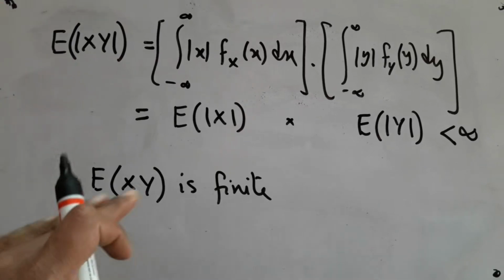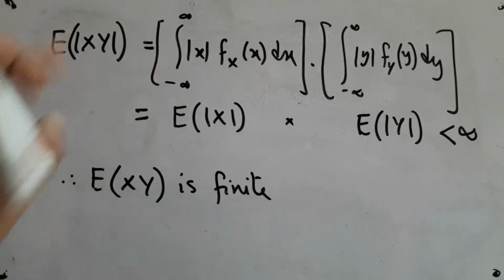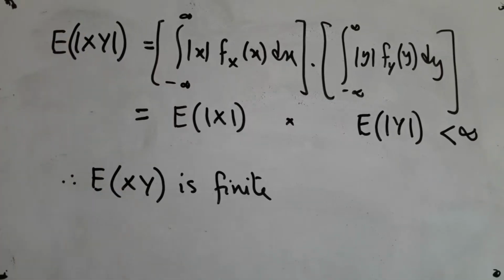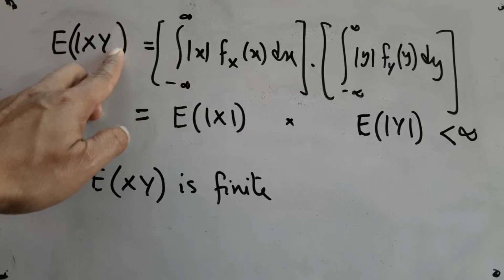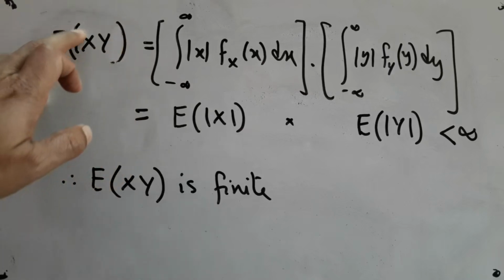Now, since I know that this is finite, I can use the integral formula for expected value of XY. Again, exactly the same argument, except that I shall drop the absolute value notations.